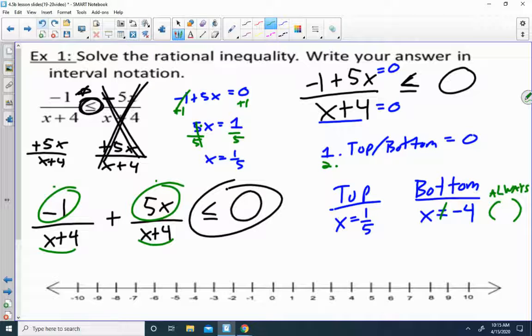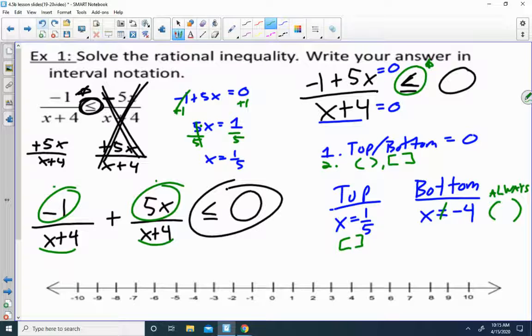That tells us we can move on to the second step of deciding if we're open or closed. Bottom is always open. The top will depend on the inequality, which in this case is less than or equal to. The equal to sign means we have to do closed.